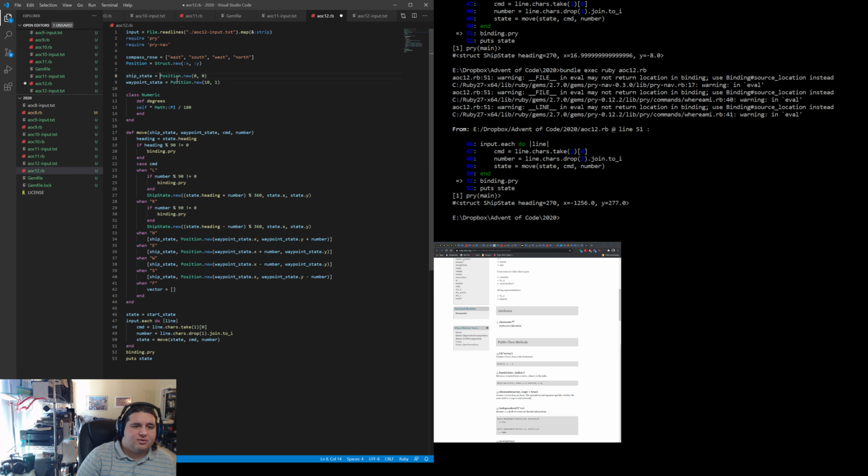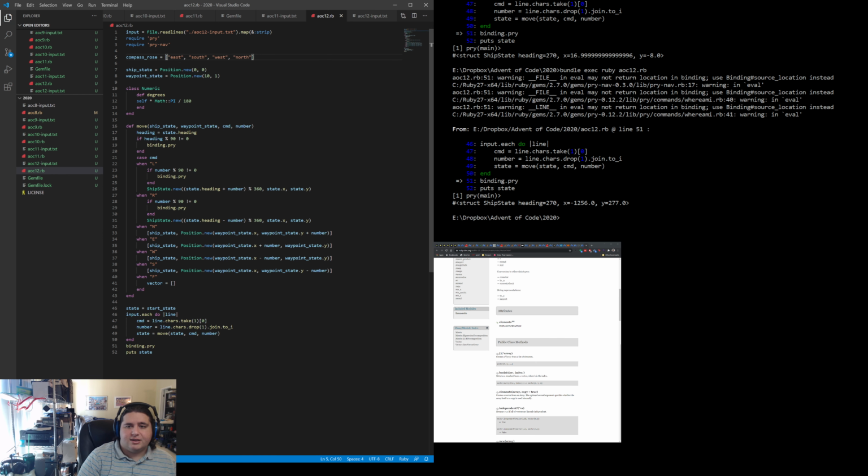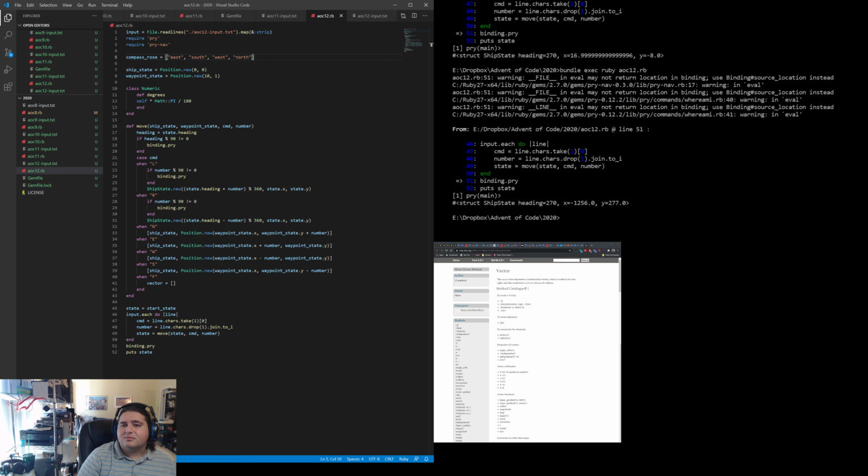Okay, I actually don't think I need a position struct. I think I just need to use this vector class. Right, so this should be vector 0, 0, vector 10, 1.